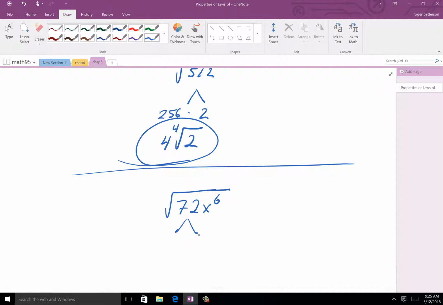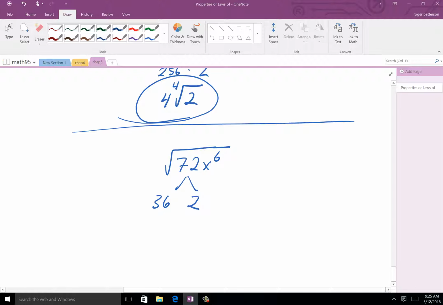We're looking at squares now. 36 goes in there twice. The square root of 36 is 6. 6 comes on the outside.